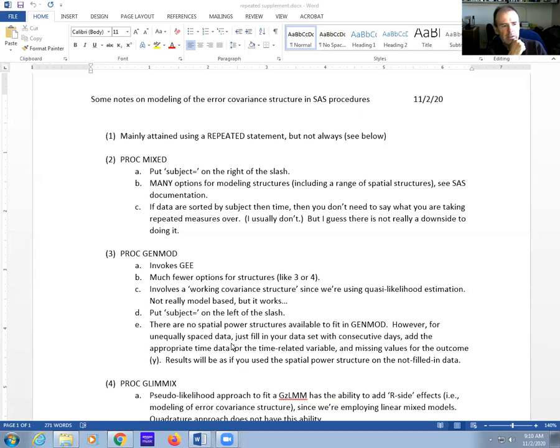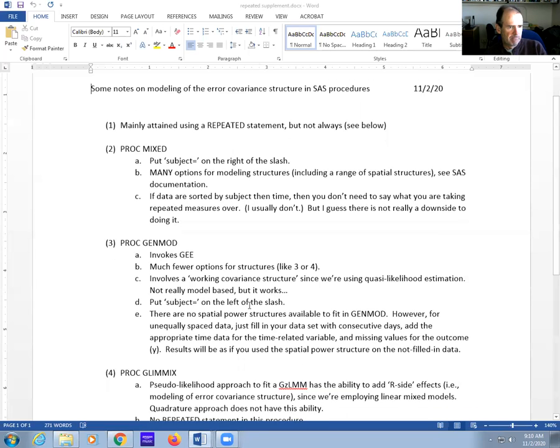Obviously you need that. And then use AR1. That's the way you do it for Proc GenMod, and that distinguishes GenMod from mixed. There's a question on the homework that relates to that, but that's how you have to do that.